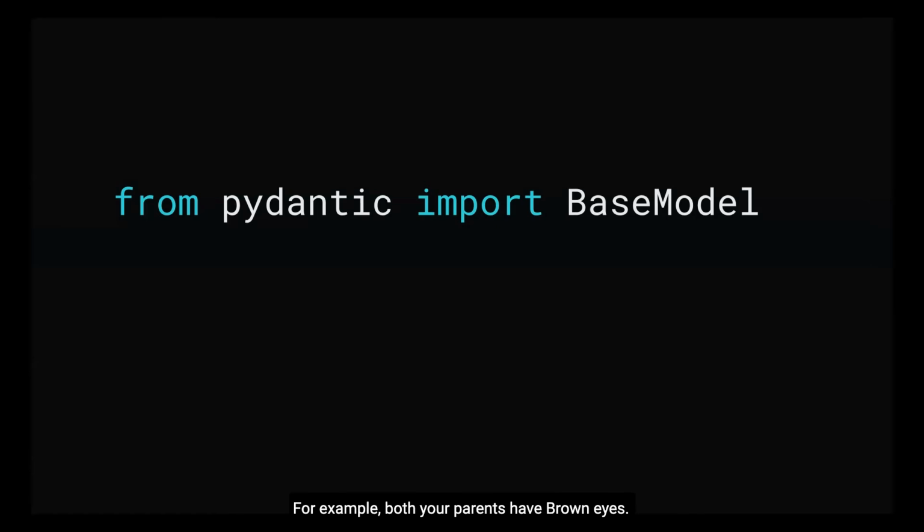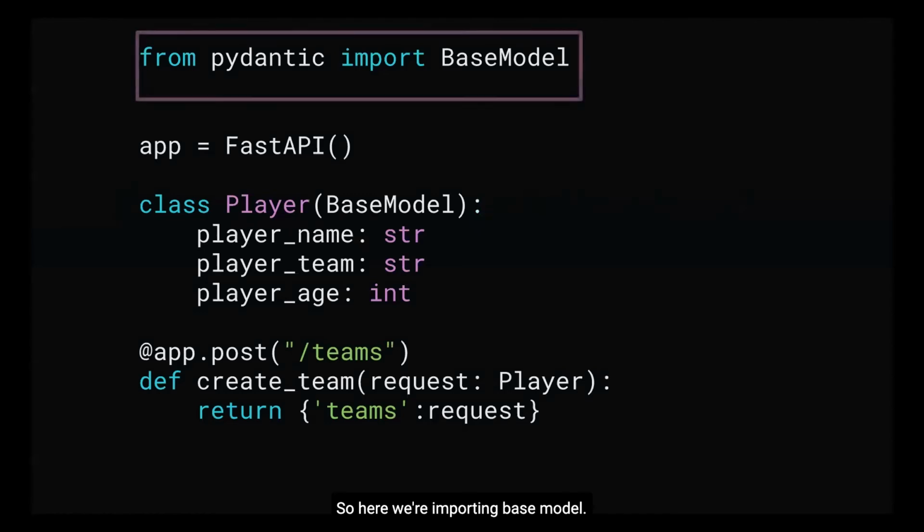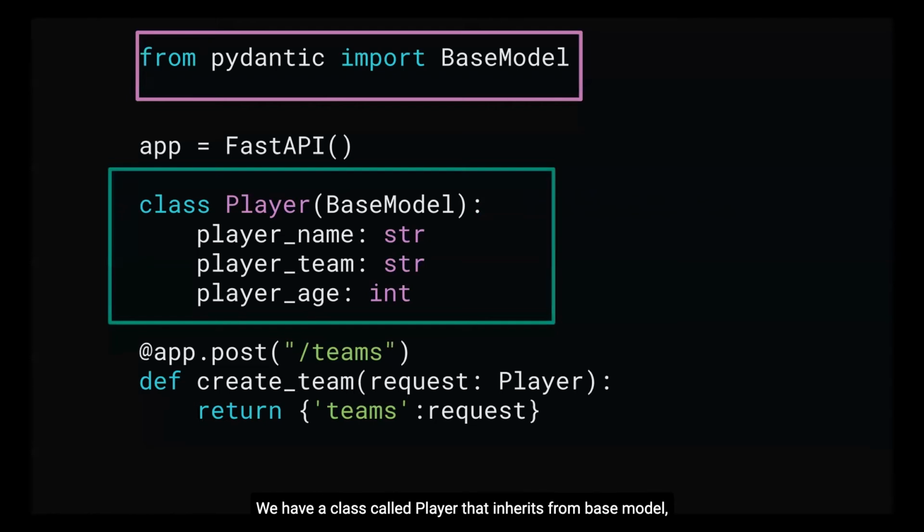So for example, if both your parents have brown eyes, it's highly likely that you'll inherit their brown eyes as well. And inheritance in object-oriented programming works the same way. So here we're importing base model. We have a class called player that inherits from base model, and we're declaring variables as type hints.